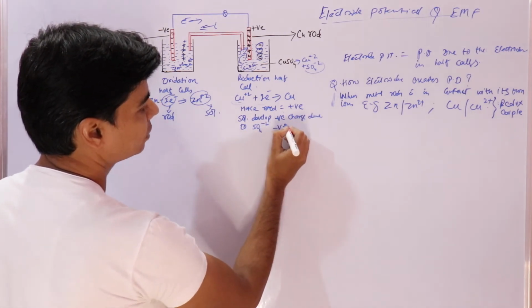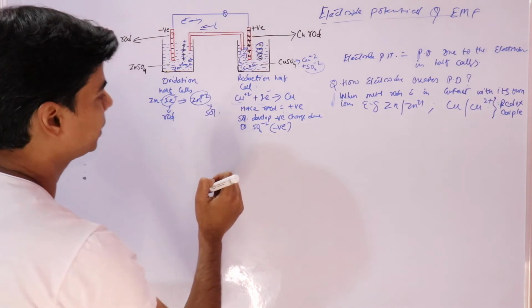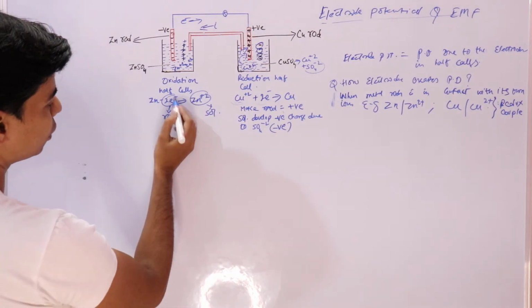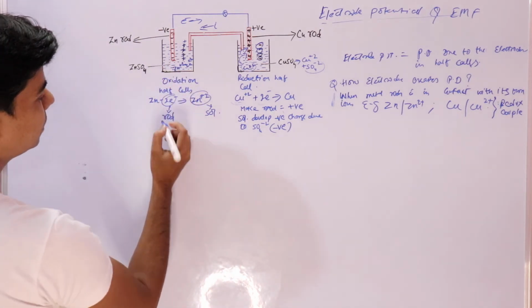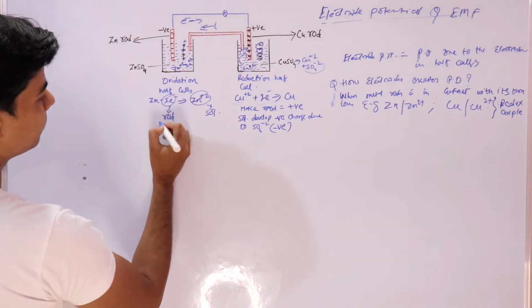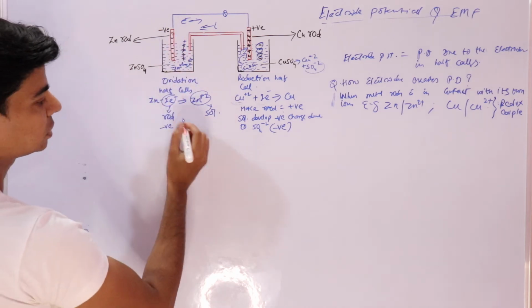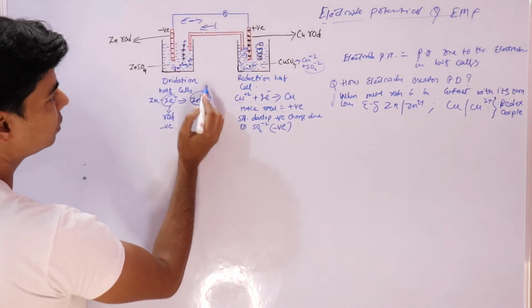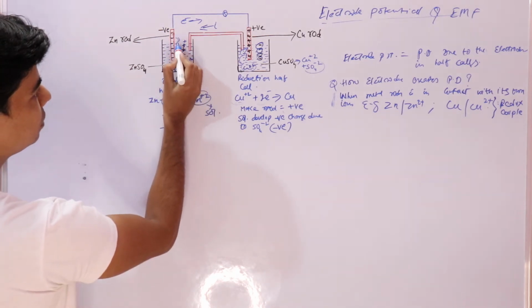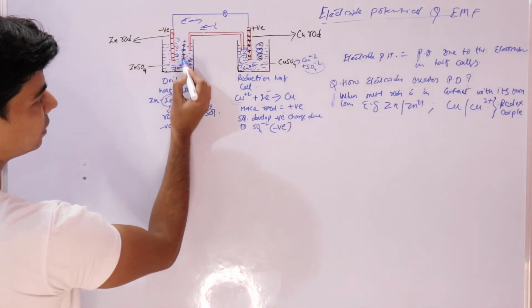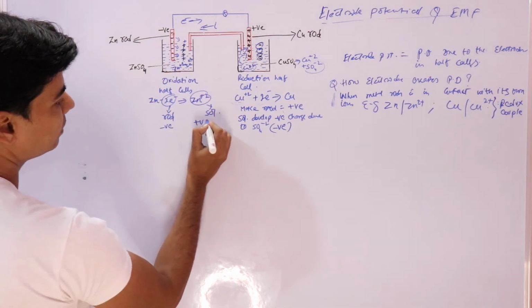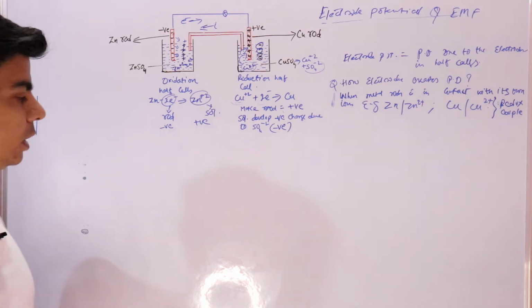So from here positive and from here negative, right? Similarly, this rod will become negative due to these electrons which will get deposited on this rod. And the solution, due to the zinc ions, when the zinc ions enter this solution, will become positive, right?